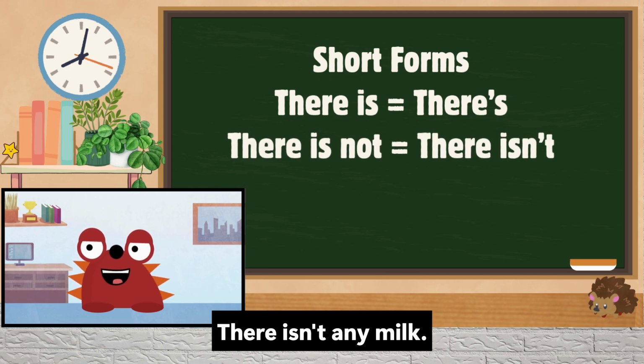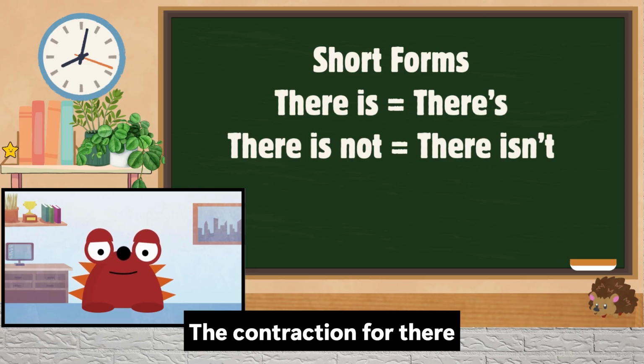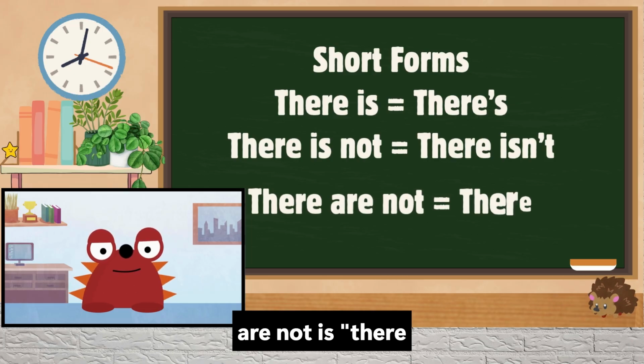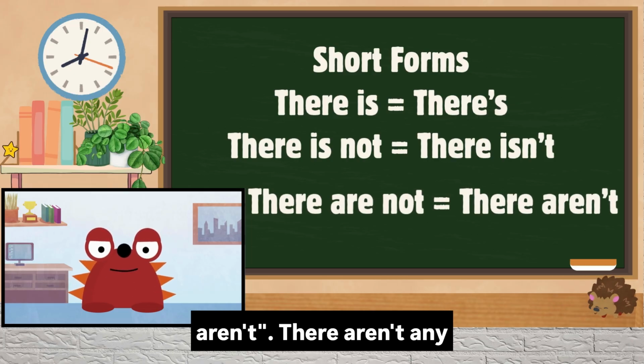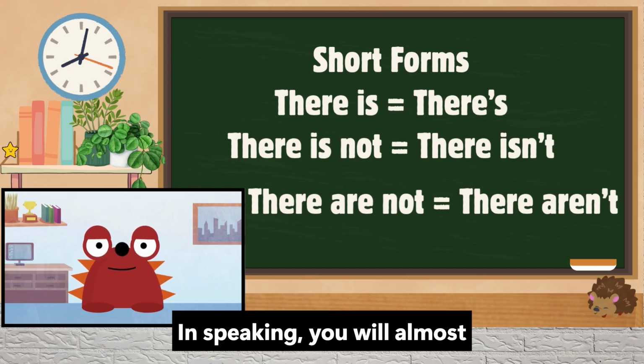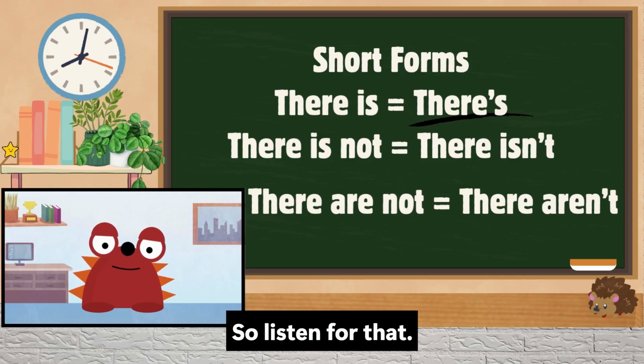There isn't any milk. The contraction for there are not is there aren't. There aren't any tickets left. In speaking, you will almost always hear there's. So listen for that.